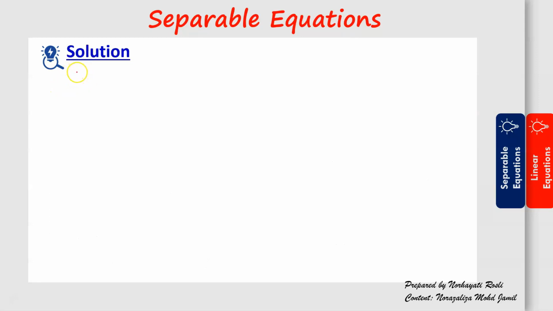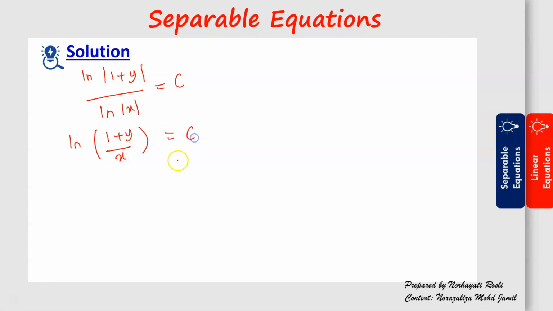I write it again. Previously, we have ln|1 plus y| minus ln|x| equal to c. Based on the logarithm law, we can write ln of |1 plus y| divided by |x| equal to c.